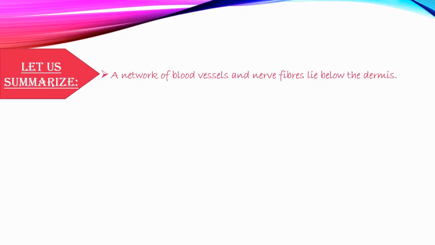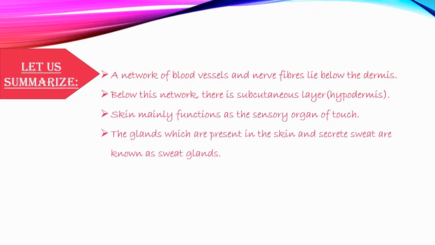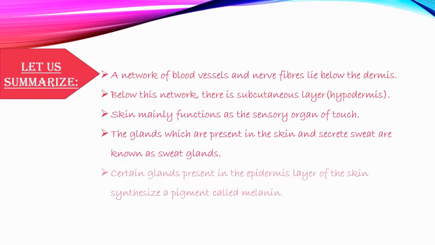Below this network, there is subcutaneous layer, that is hypodermis. Skin mainly functions as a sensory organ of touch. The glands which are present in the skin and secrete sweat are known as sweat glands. And certain glands present in the epidermis layer of the skin synthesize a pigment called melanin.